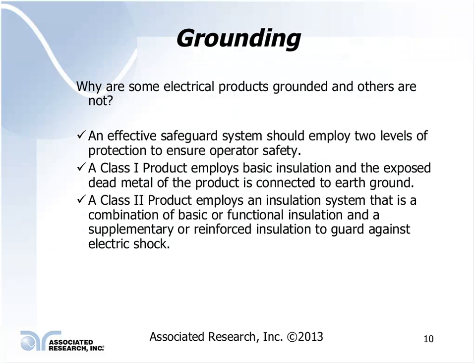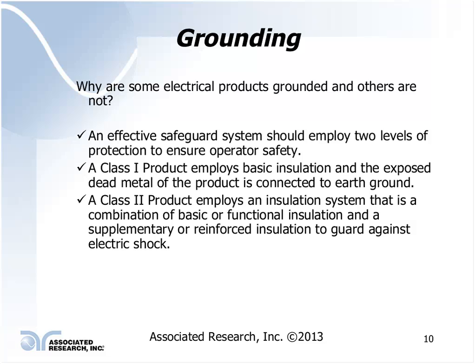Why are some products grounded and others not? The National Electrical Code basically says that you must have 2 levels of protection to ensure operator safety. A Class 1 product essentially employs basic insulation, and any exposed dead metal of the product must be connected to earth ground.